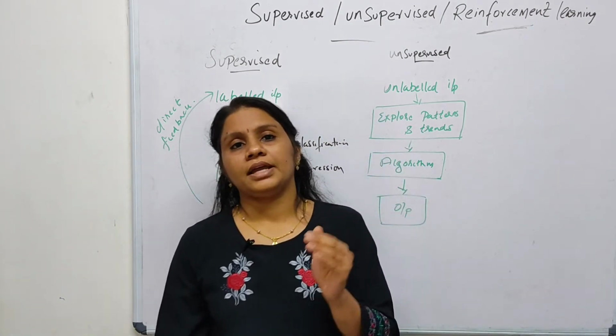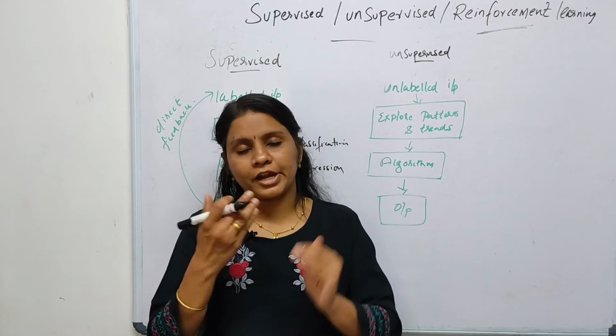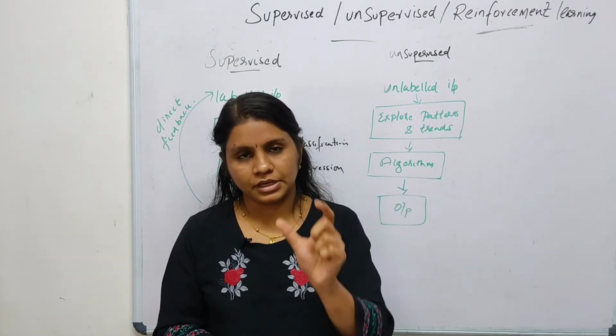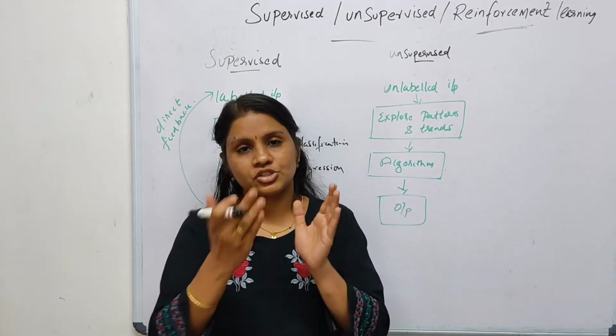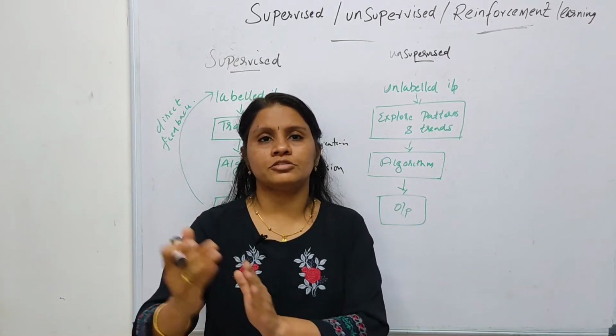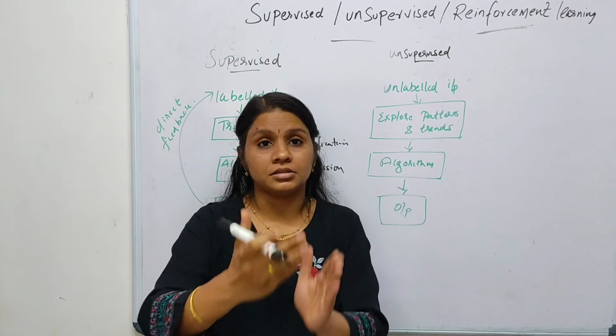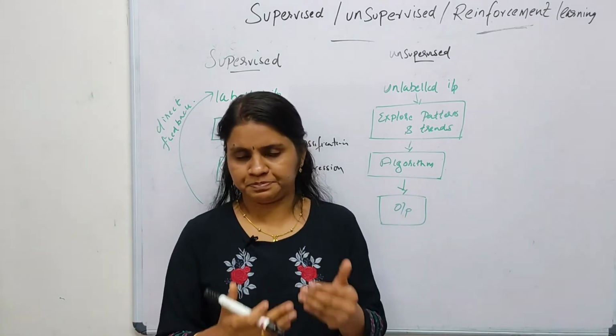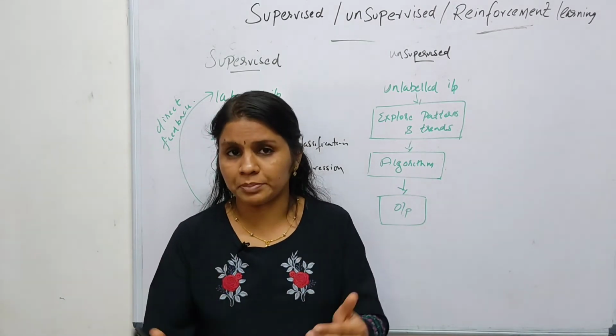For example, the agent is trying to manipulate the environment by performing several actions. Let us observe a child. A child will take his or her first step by observing others walking, and tries to replicate the same.